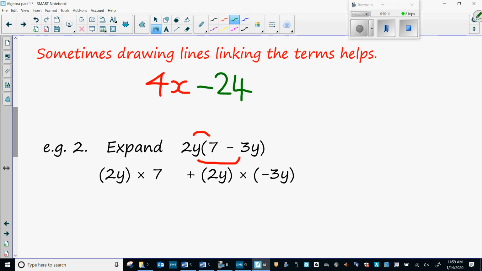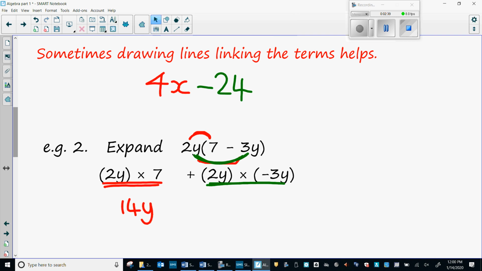Next one. We've got 2y in front of this one. So we've got 2y multiplied by 7, that's our first one here. And then we've got 2y multiplied by negative 3y. So that's our 2 multiplications. What's 2y multiplied by 7? 14y.